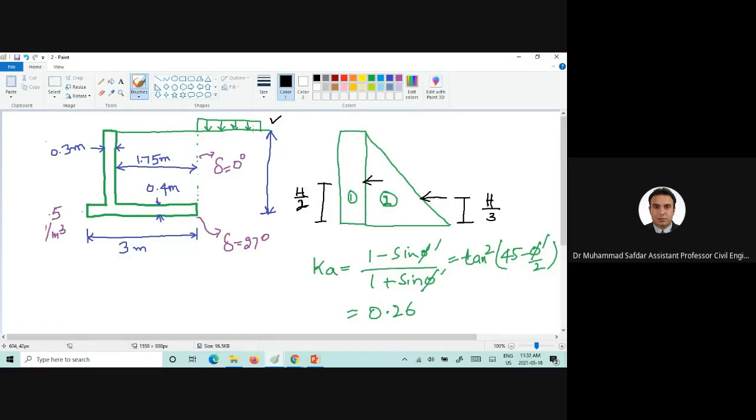Now, if we want to find out the horizontal forces, we will start with the horizontal forces due to the surcharge pressure.